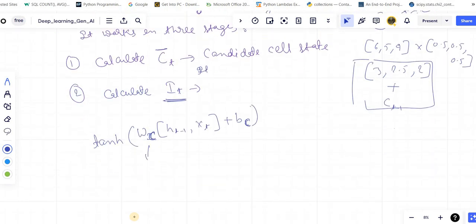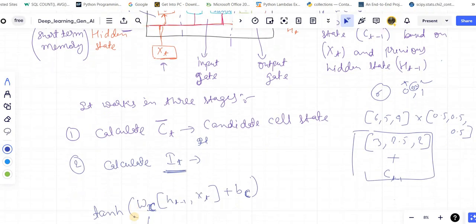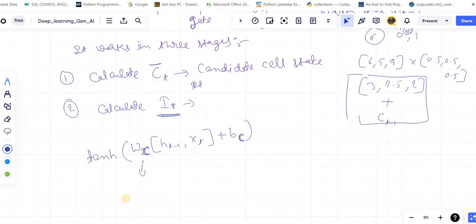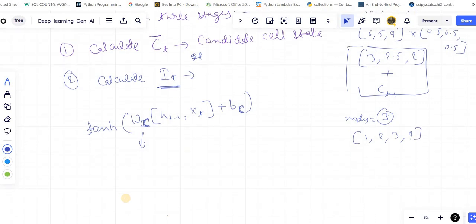Again, what will be the dimension of this matrix? Can anyone tell me? What would be the dimension of this WC? If you remember, I said if nodes are three, and suppose the word vectors are of dimension four, it will be like this. Your xt will have four inputs and your ht minus 1 dimension depends on the nodes you have selected. So here three.